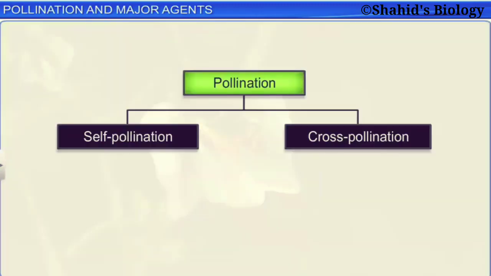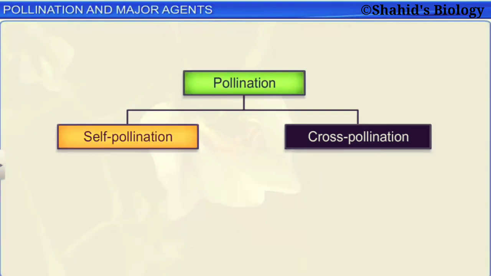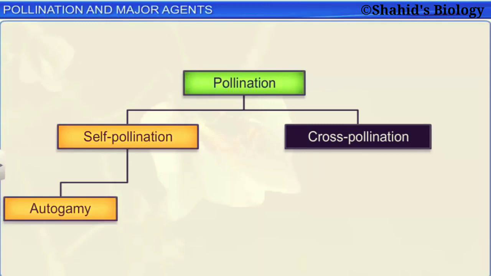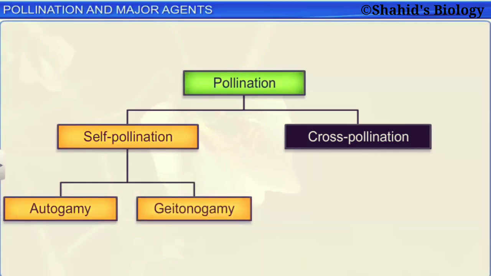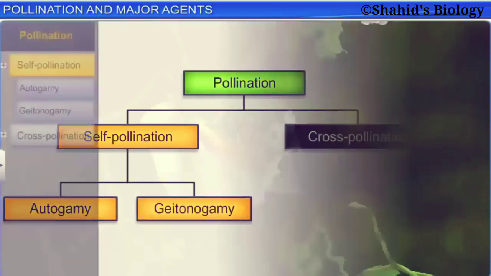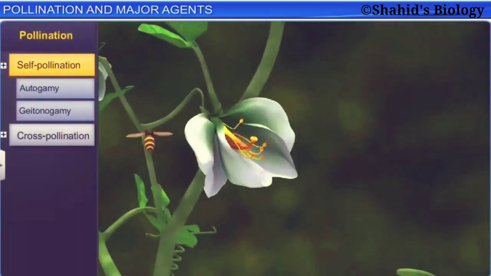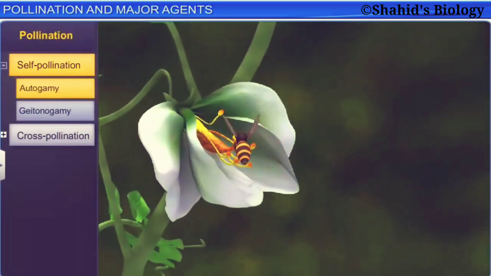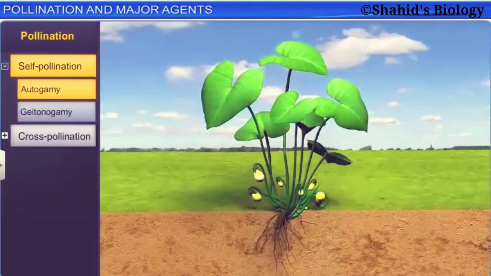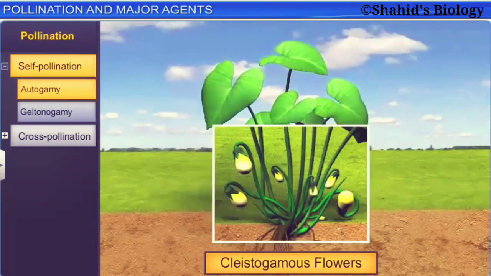In plants, self-pollination can occur either through autogamy or geitonogamy. In autogamy, pollen is transferred from the anther to the stigma of the same flower, and is seen in cleistogamous flowers, or flowers which do not open at all.